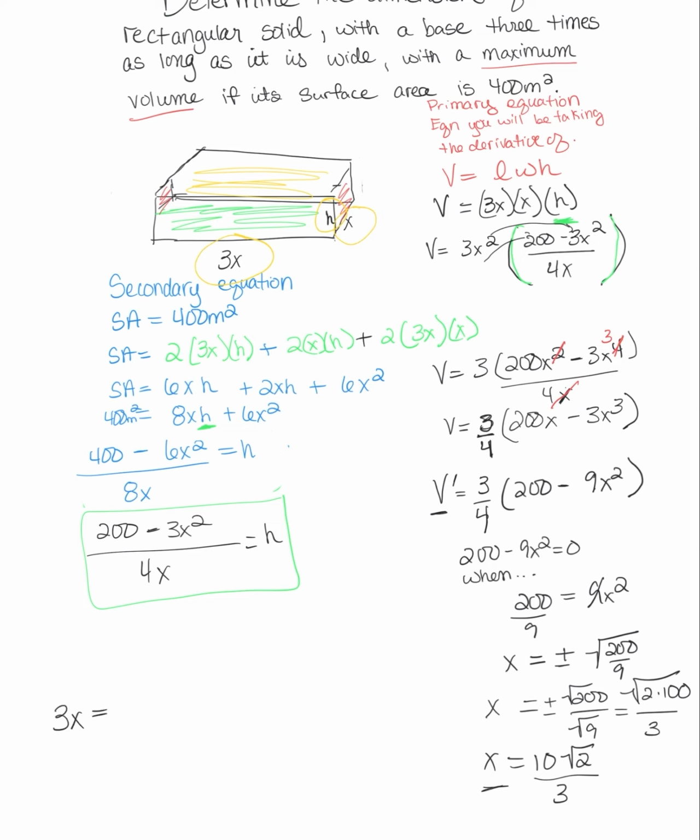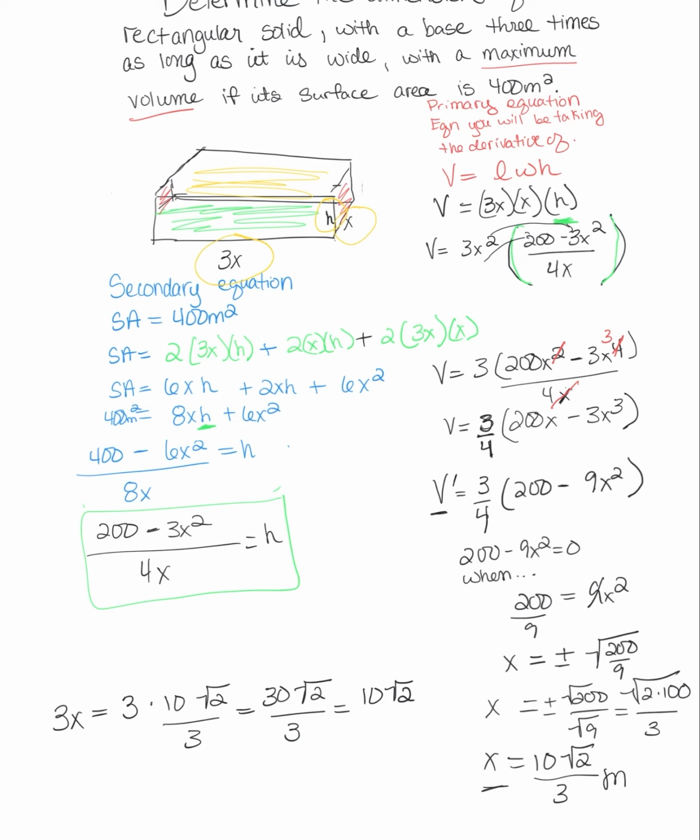Well, what does 3x equal? That equals 3 times 10 root 2 over 3. That's going to equal 30 root 2 over 3, which then we will divide away this 30 and 3. So 3 goes into 30 10 times root 2.